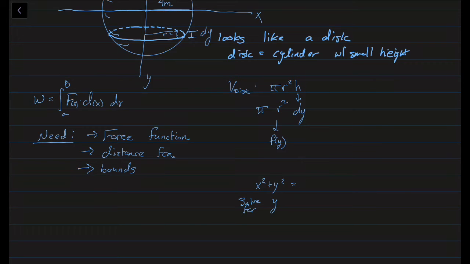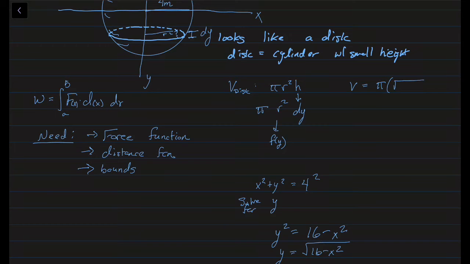We also know that the radius is 4 meters, so we can replace r squared with 4 squared. Solving for y, we get y squared is equal to 16 minus x squared, or y is equal to the square root of 16 minus x squared. And that's the radius of our disk at any height y.